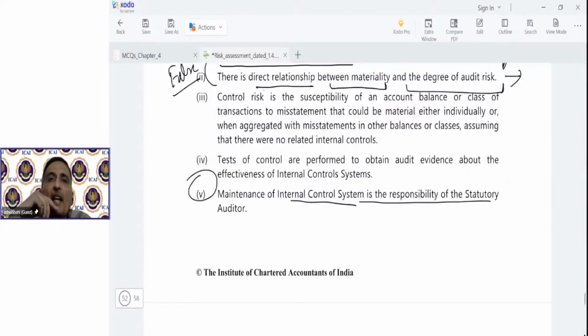Maintenance of internal control system is the responsibility of statutory auditor? Is this true or false?